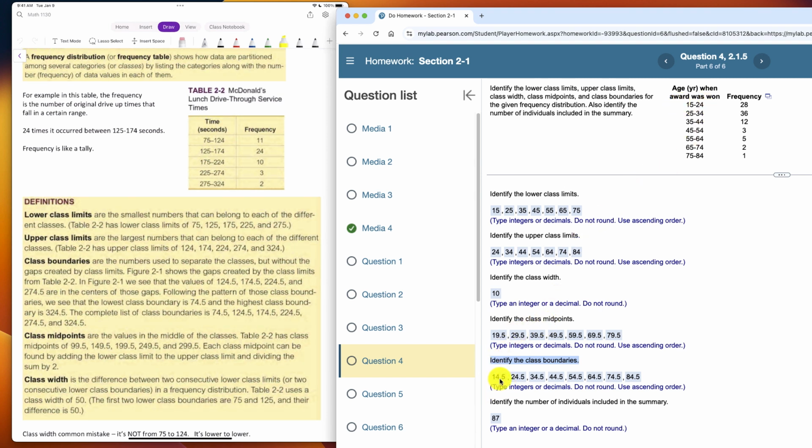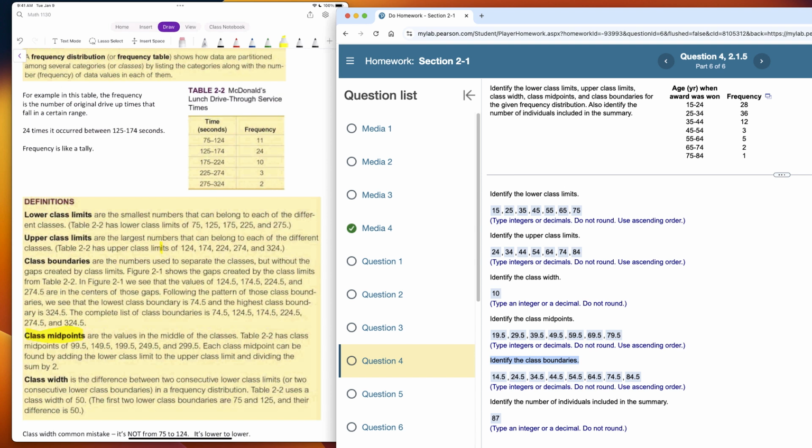And there's the 14.5. The next one would be 24.5, 34.5, etc. So those are considered the class boundaries. There's those boundaries from each lower class to the upper class, or upper class to lower class, vice versa, and starting at the beginning and end, don't forget the 84.5 at the end.